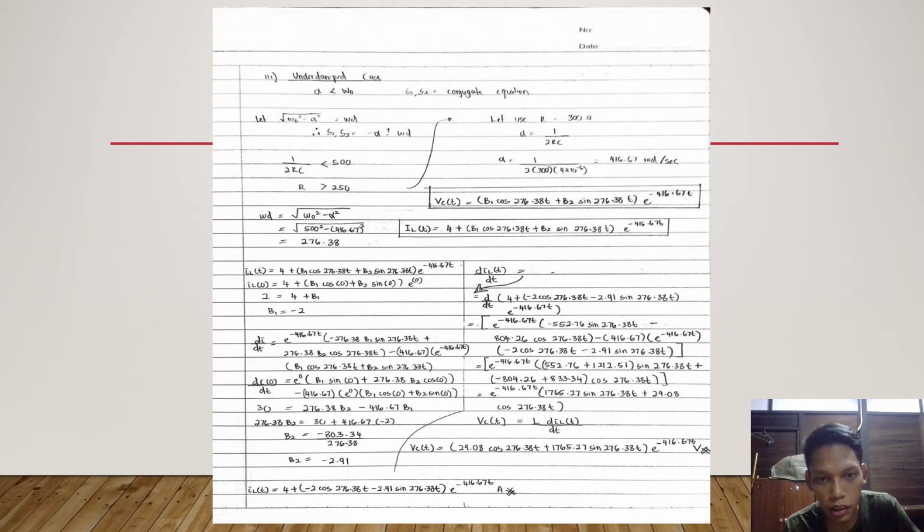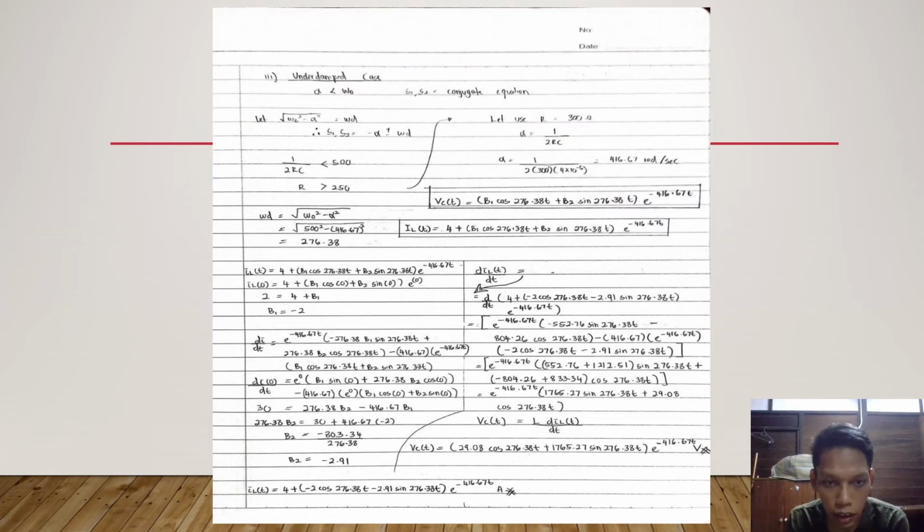For the formula, iL(t) equal to 4 plus B1 cos 276.38t plus B2 sin 276.38t, all times exponent negative 416.67t. At iL(0), we get B1 negative 2.